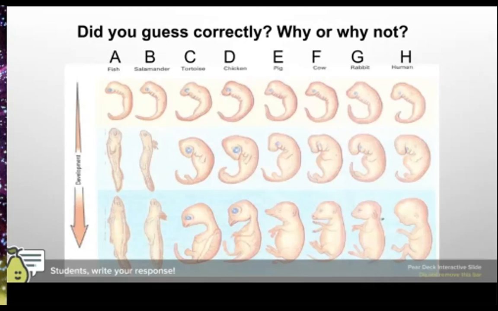I picked D incorrectly because it was more of a wild guess between like six of them. So what six? C, D, E, F, G, and H, because they look very similar. Okay. Anybody else want to add? Luke, you got to give me the why or why not part. Okay.